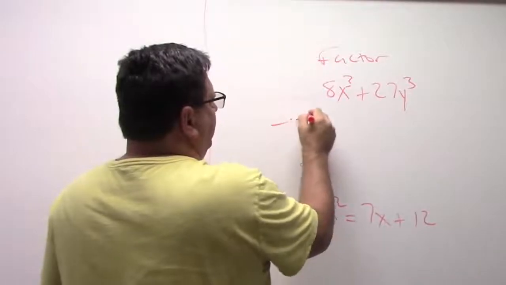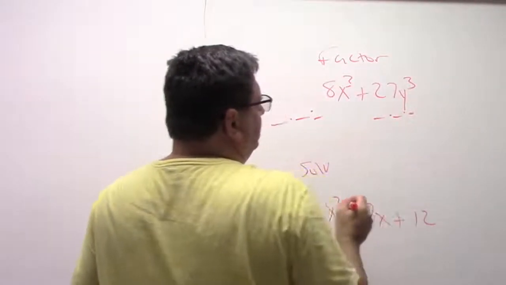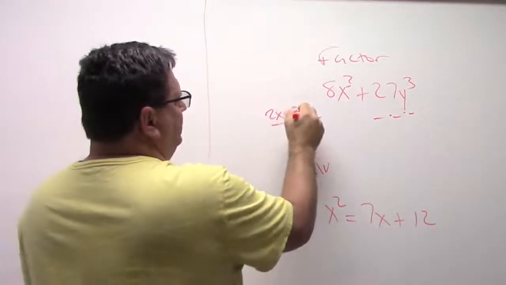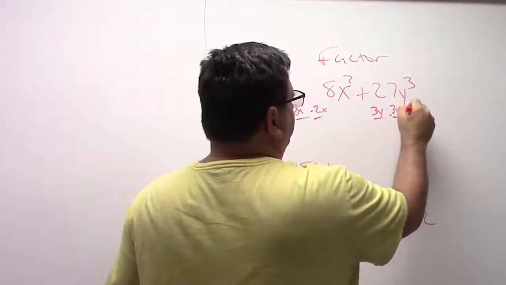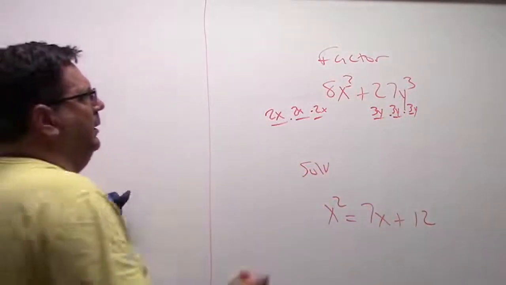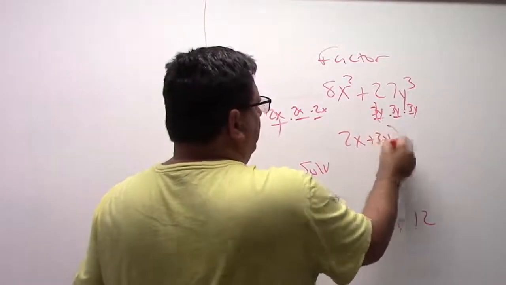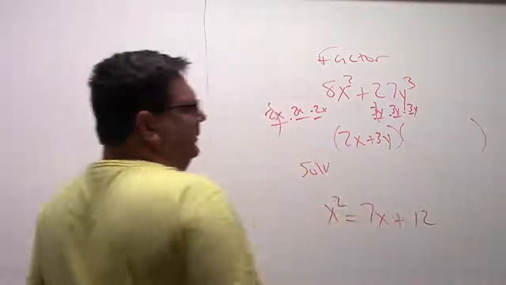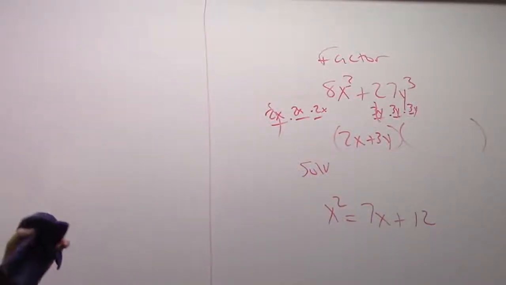So we're looking at 2x, 2x, 2x, 3y, 3y, 3y. All right, so we're going to use up 1 and 1. 2x plus 3y. Alright, Gabby, you remember doing this?